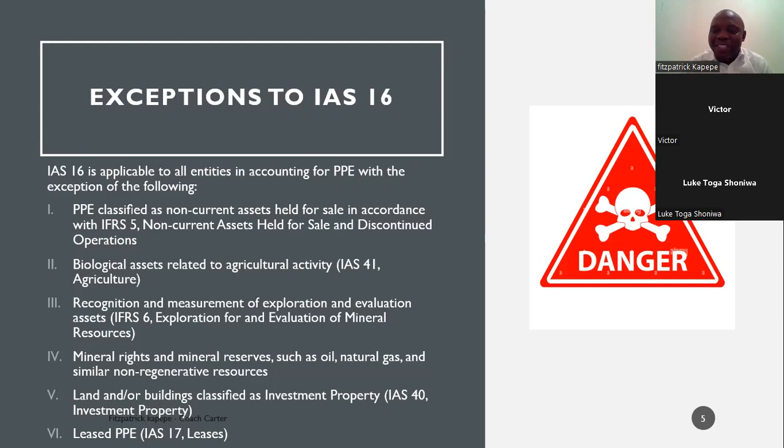They are all accounted for under IAS 41, which is biological assets. For one with a crocodile farm, we will not actually have it under property, plant and equipment. These are biological assets. So they are exempted from this particular standard.